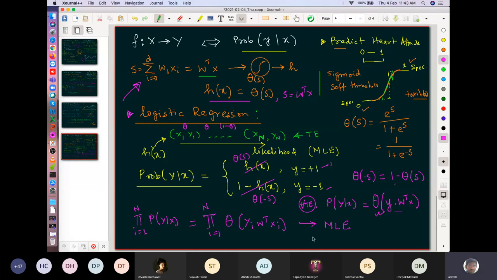So, sir, the question is why we are using theta inside, like why theta of S inside? Because the unit is passing the sum into the theta. You have x1, x2, all these attributes xd. You pass it to a sum unit, and then you pass it to a smooth unit. Passing to just the sum unit, you get a linear regression.